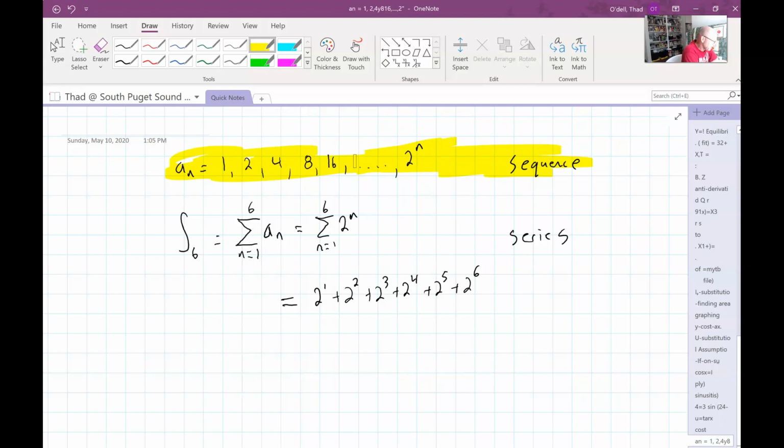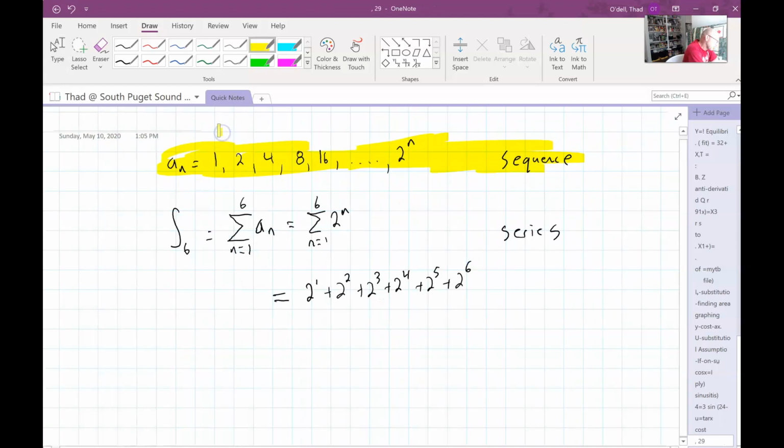The next term is 2 to the first power, and then 2 to the second power, 2 to the third power, etc. So you could say this would be a sub 0, that would be a sub 1, that would be a sub 2, a sub 3, a sub 4, and of course a sub n. And so that's a sequence, and the sequence could go on infinitely, or we could stop at a certain point, I guess.